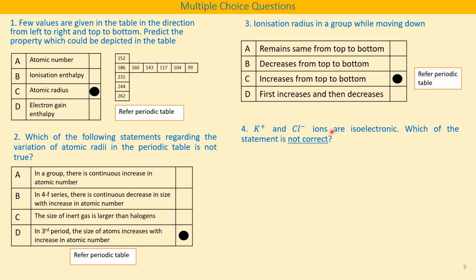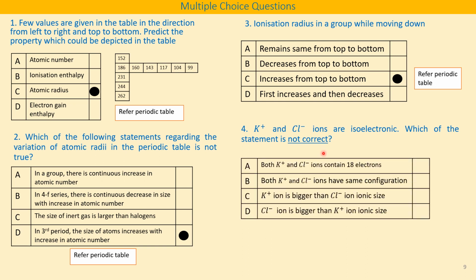Next question. K plus and Cl minus ions are isoelectronic. Which of the statements is not correct? Four options are given. Both K plus and Cl minus ions contain 18 electrons. It is correct. Both K plus and Cl minus ions have the same configuration. This is also correct. K plus ion is bigger than Cl minus ion.